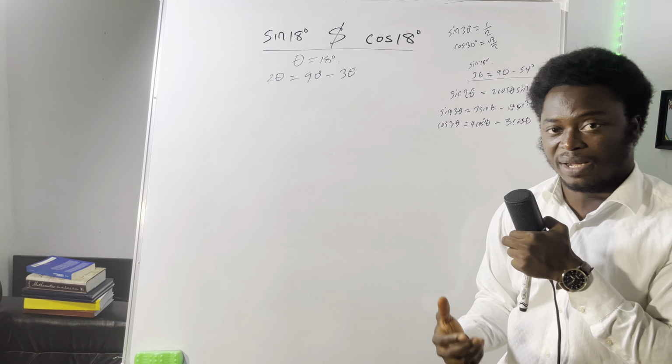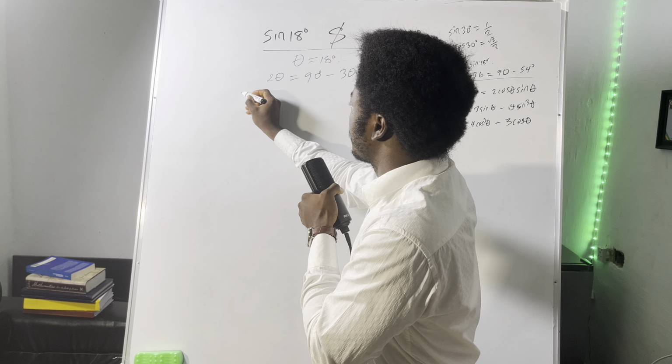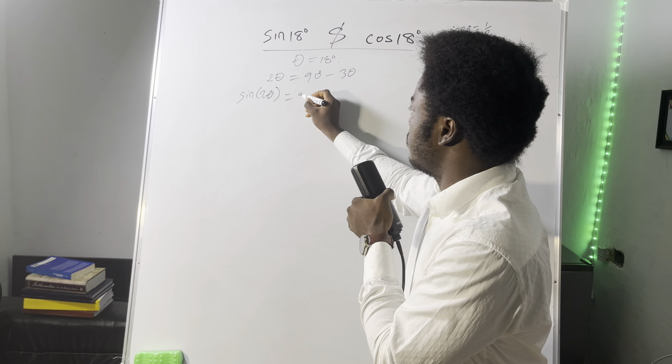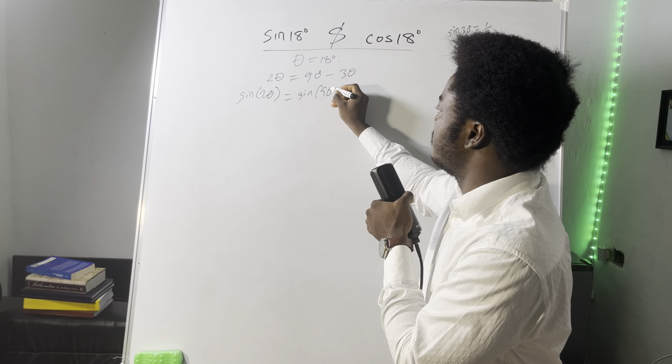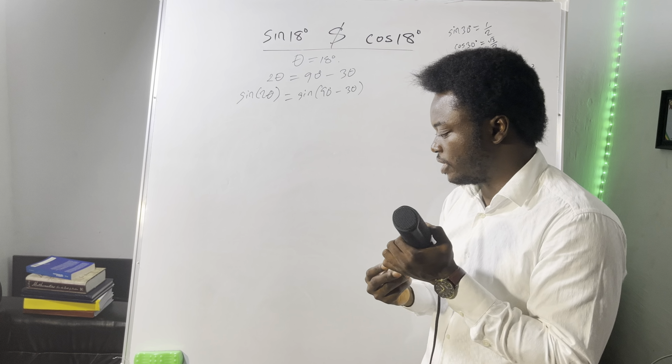Definitely, for example, if you take the sine of both sides, sine of 2 theta would be equal to sine of 90 degrees minus 3 theta. Now we know that sine of 90 degrees minus a is cosine of a.